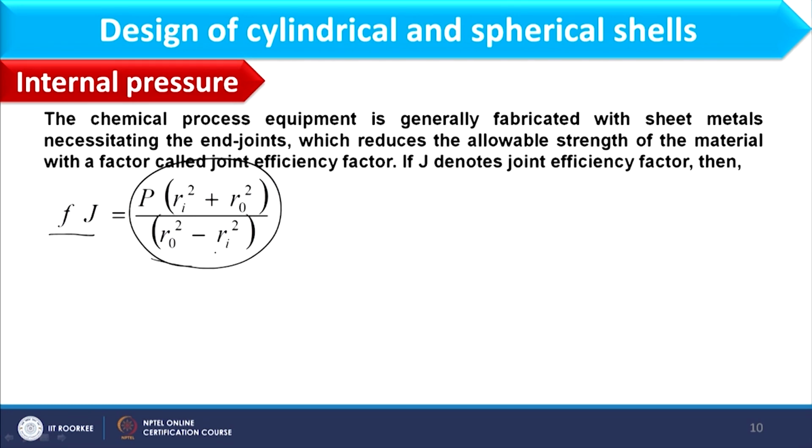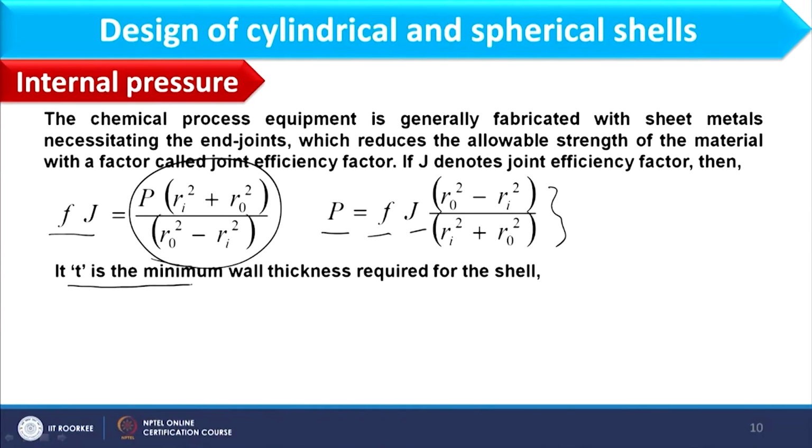Further resolving this, we can extract pressure, and that can be shown as a function of allowable stress, J and radius. Now, what we need to find from this equation is the thickness of the shell.